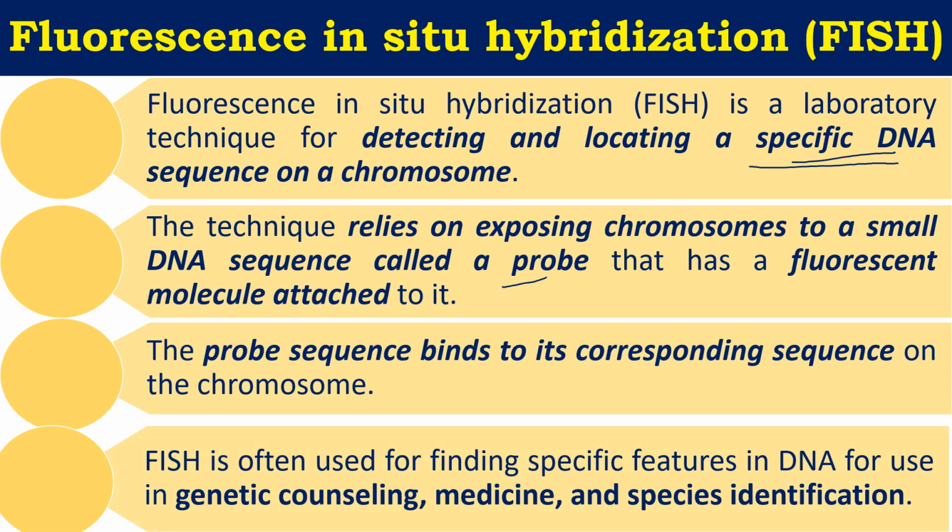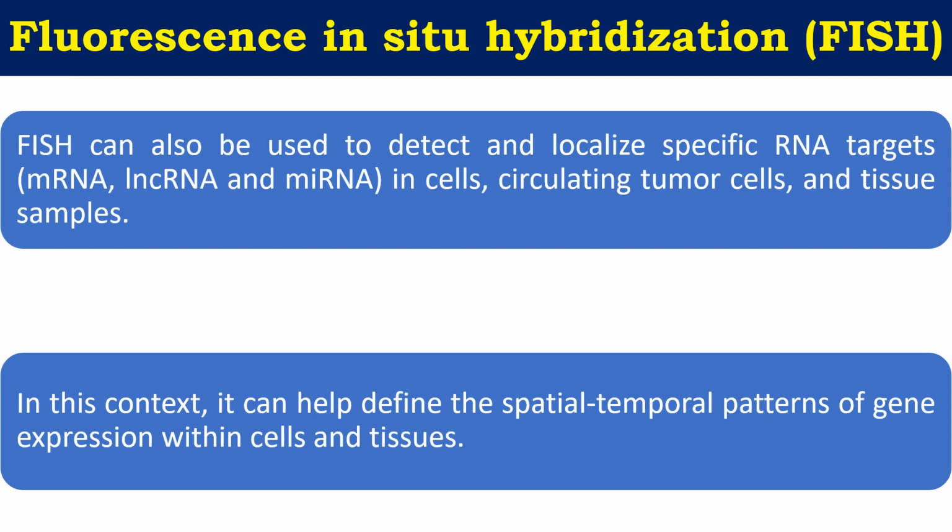FISH is often used for finding specific features in DNA for use in genetic counseling, medicine, or species identification. FISH can be used to detect or localize a specific RNA target, like messenger RNA, long noncoding RNA, or miRNA, in cells, circulating tumor cells, or tissue samples.